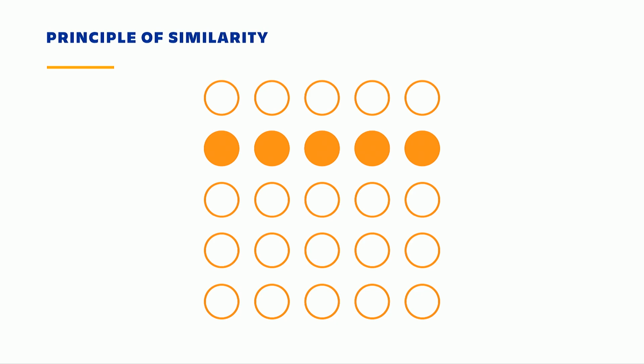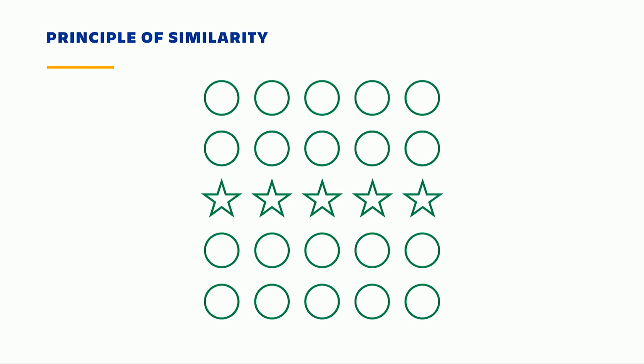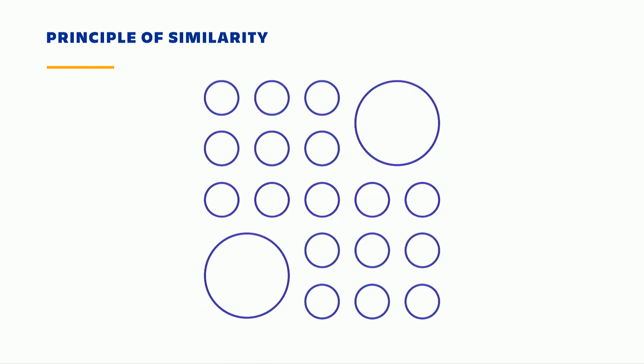So here we can see that the filled bubbles form a group separate from the outline bubbles. And that can be achieved with something like color, or shape, or even size. And here we highlight the fact that even though the two larger circles are apart, they still form a group somehow against the smaller circles.